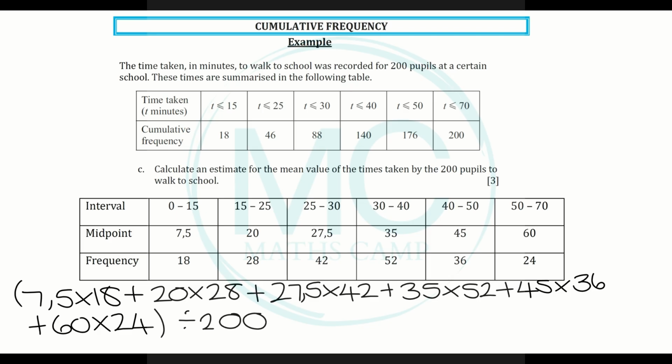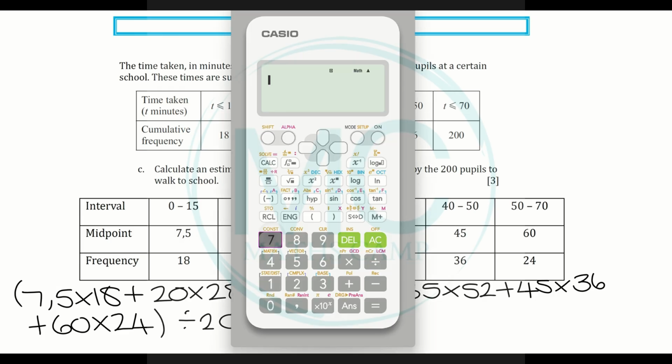Now I can put everything into my calculator. So I have 7,5 multiplied by 18 plus 20 multiplied by 28 plus 27,5 multiplied by 42 plus 35 multiplied by 52 plus 45 multiplied by 36 plus 60 multiplied by 24 is equal to, let's divide by 200, and I get 33,65.